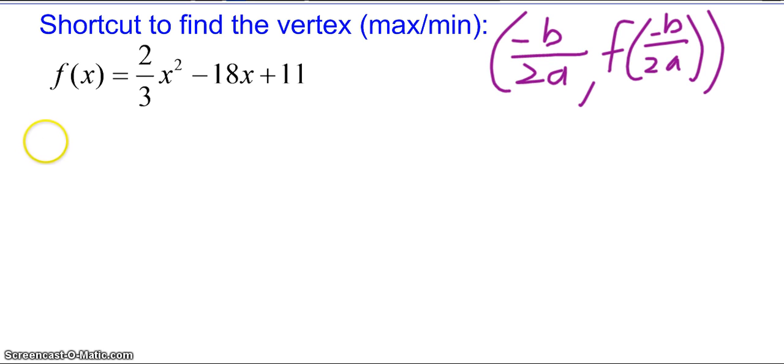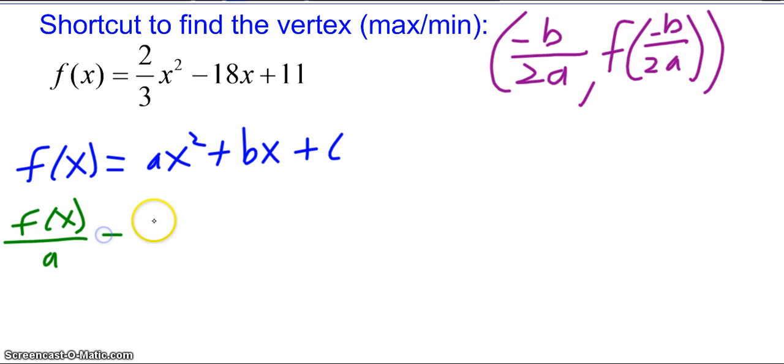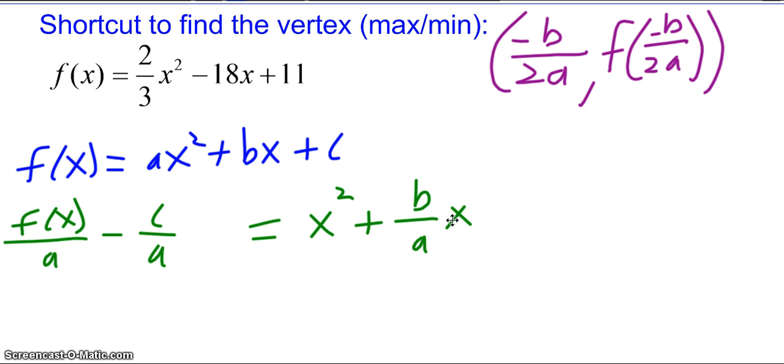So if I have f of x equals ax squared plus bx plus c, I can divide everything by a and subtract c. So f of x over a minus c over a equals, I'll leave a little bit of room there, equals x squared plus b over a x.